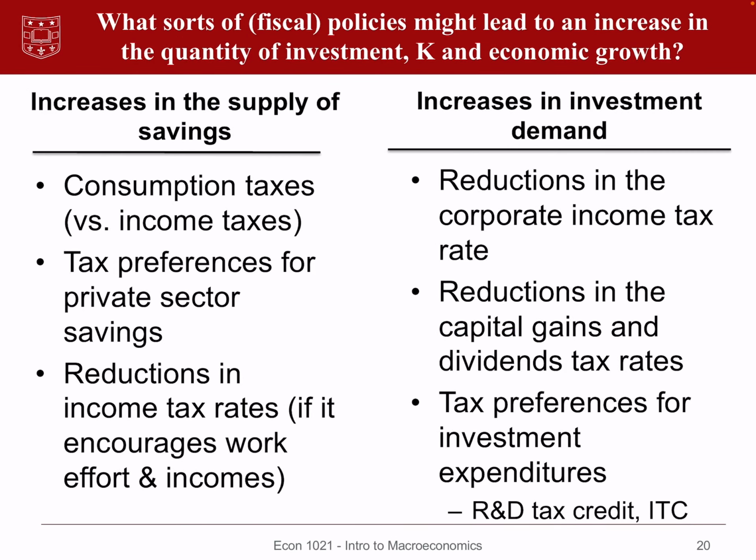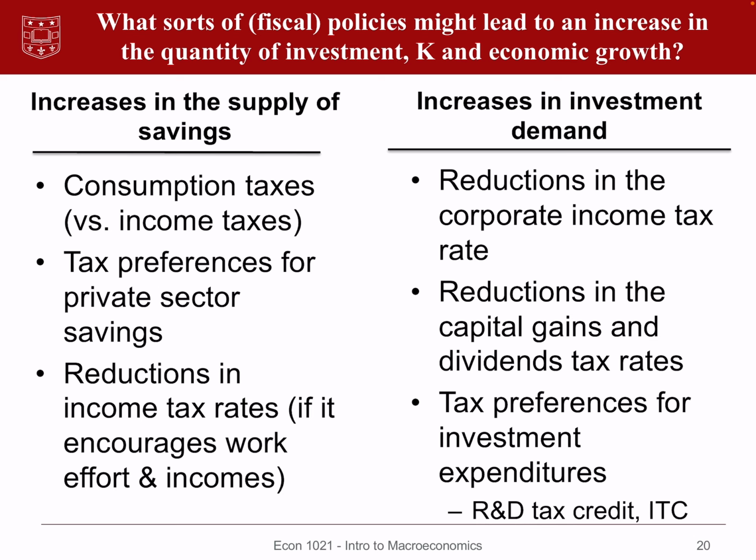In a similar sort of vein, what I want to do is again think about these really phenomenally important debates in fiscal policies. So, what kind of fiscal policy choices might a country implement that would increase the quantity of investment and then by extension the capital stock and economic growth?